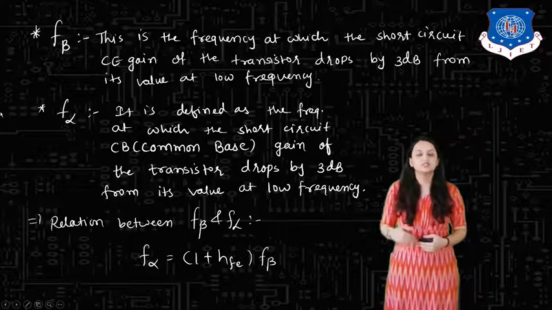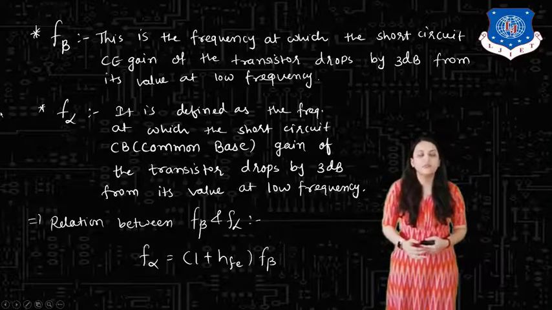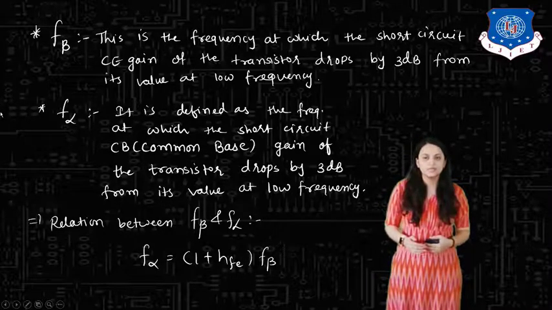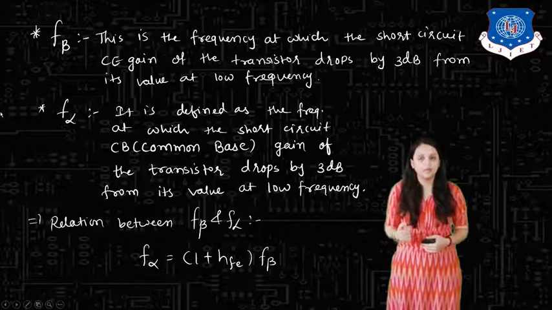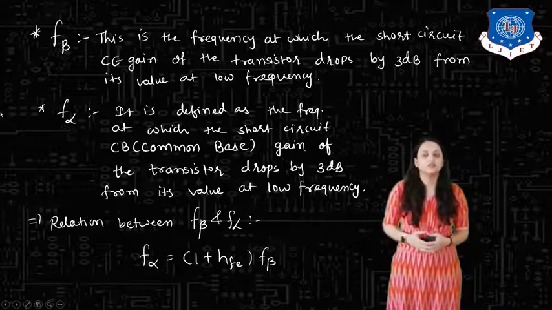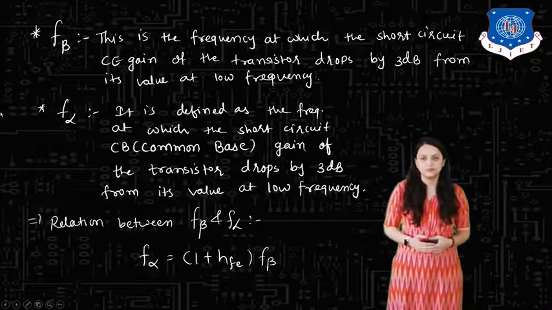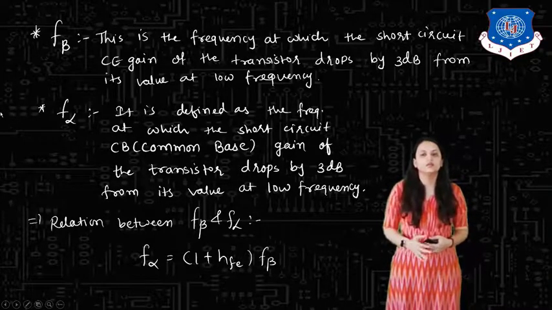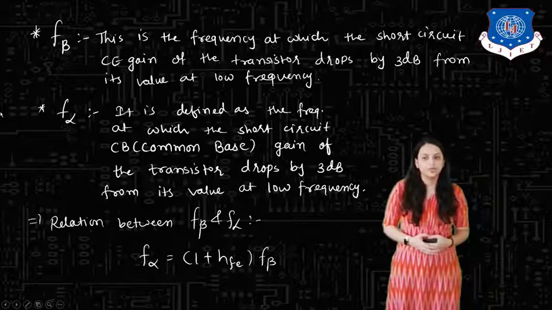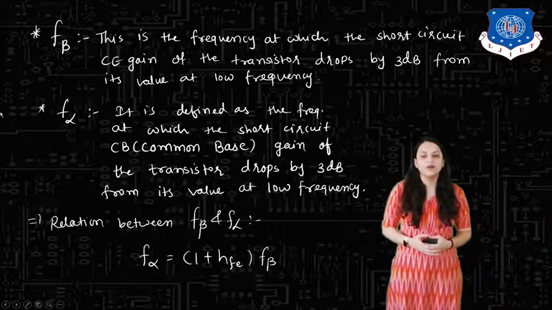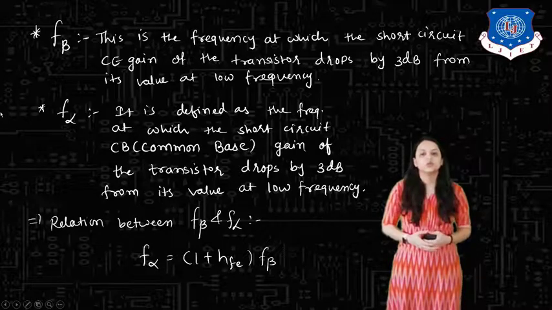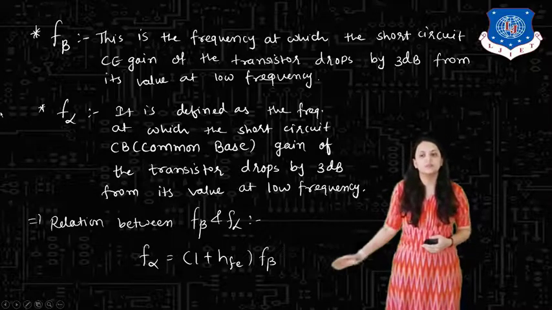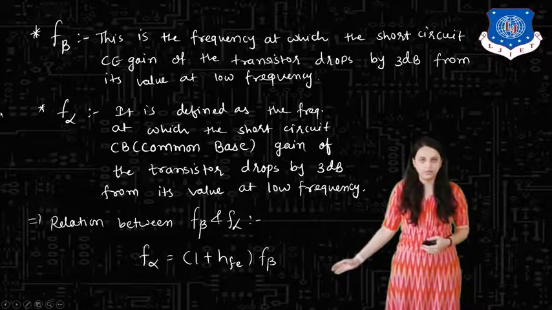In the same way, f alpha is defined as the frequency at which the short circuit common base (CB) gain of the transistor drops by 3 decibels from its value at low frequency. Now let us define the relation between f beta and f alpha. f alpha is given as (1 plus hfe) into f beta.